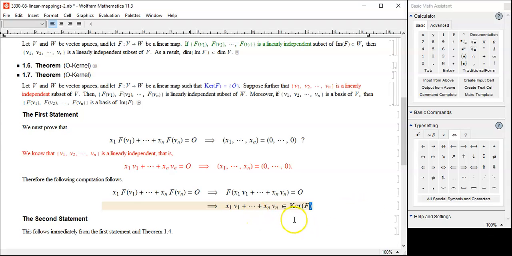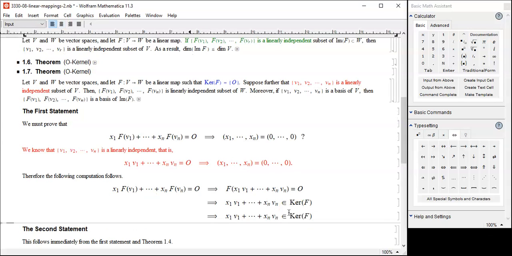So that means that equals 0. And that's where I use that blue condition. Kernel has only one element, blue. Alright, what did we end up getting? x1 v1 plus all the way to xn vn is equal to the 0 vector.